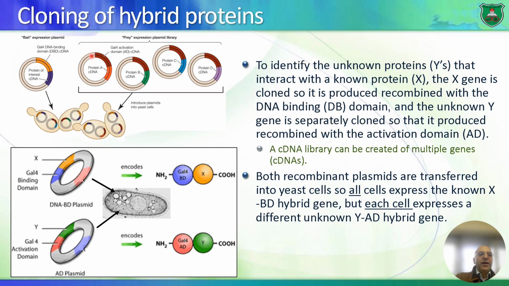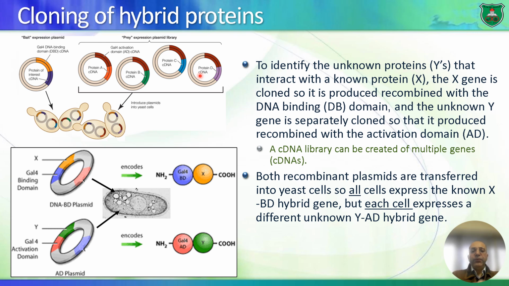So I have this plasmid right here, producing protein A. It contains the gene for protein A. And this plasmid has gene B for protein B. This produces protein C. This produces protein D, and so on. This is a cDNA library. So I have different plasmids that can produce proteins, recombinant proteins.